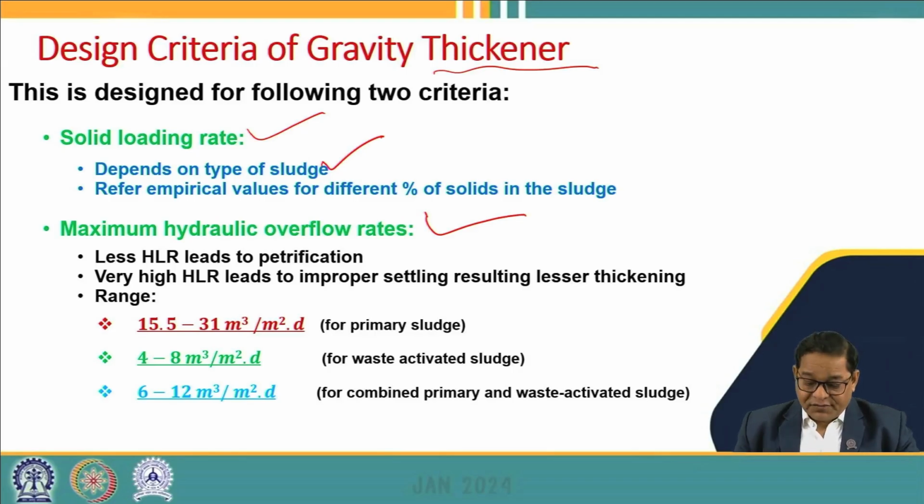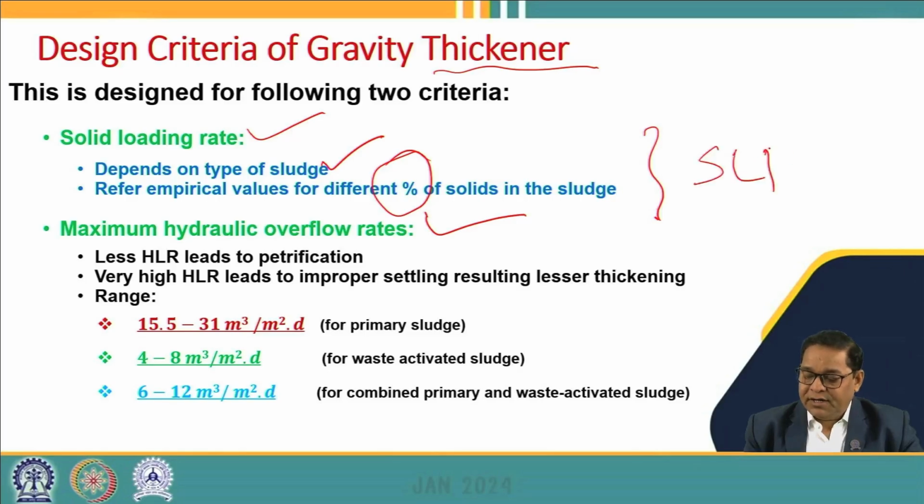For different types of sludge and the percentage of solids present in that sludge, there is a particular solid loading rate that we have to select from a table, which is derived from a number of experiments carried out on different types of sludge. That table we will be showing in the next slide.